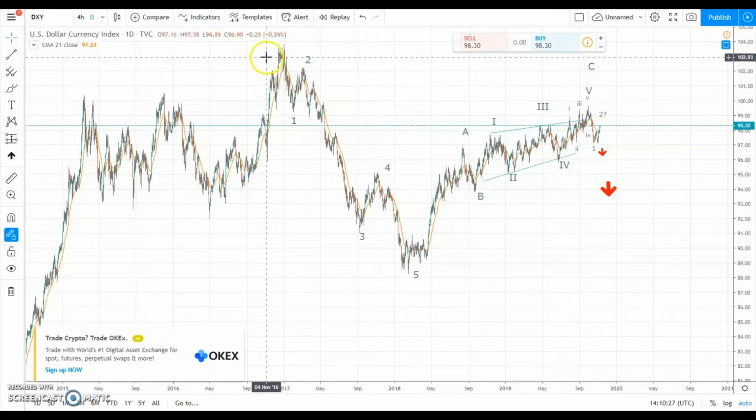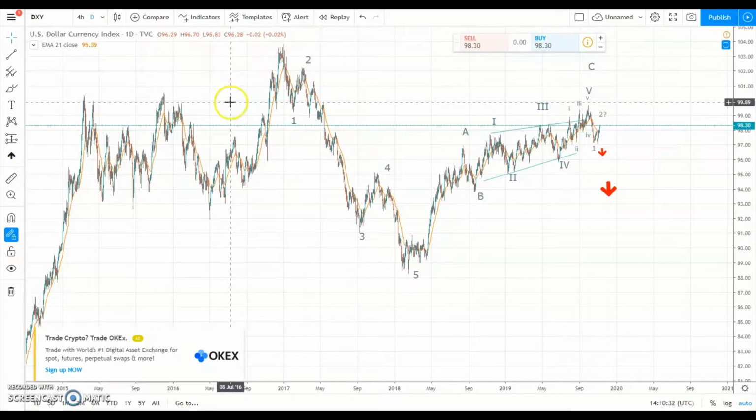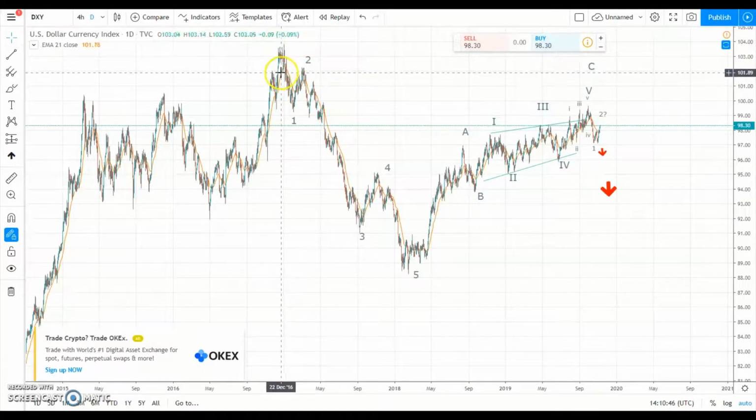The Elliott wave principle basically states that when price action moves in 5 waves in any direction, whether up or down, that is the dominant trend. So that's the trend that you want to be looking at. This is the dollar index, and I'm just going to be looking at it from December 2016 to now, so almost 3 years of data.